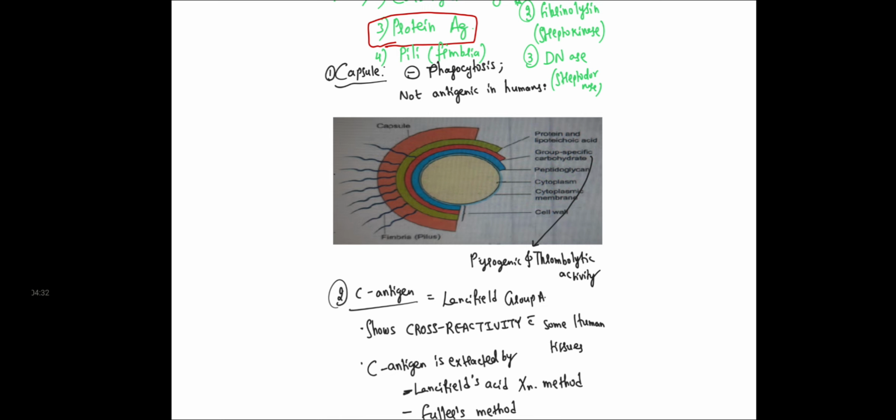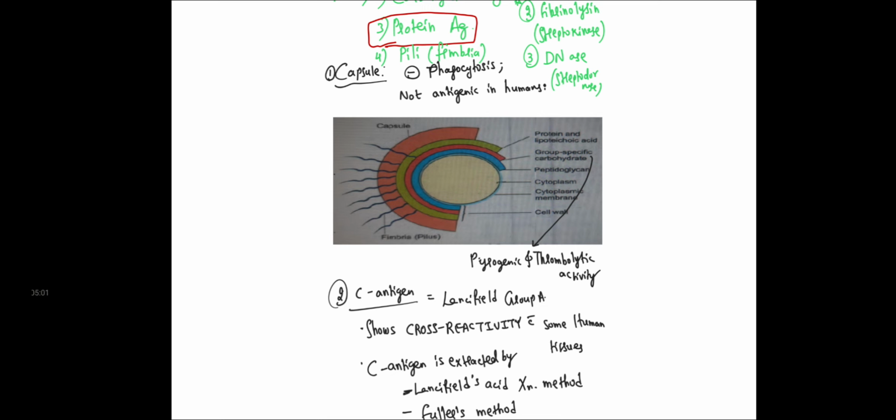The cell wall is composed of an outer layer of protein and lipoteichoic acid, a middle layer made up of the group-specific carbohydrate, and an inner layer made up of peptidoglycan or mucoprotein, followed by the cytoplasmic membrane and the cytoplasm.